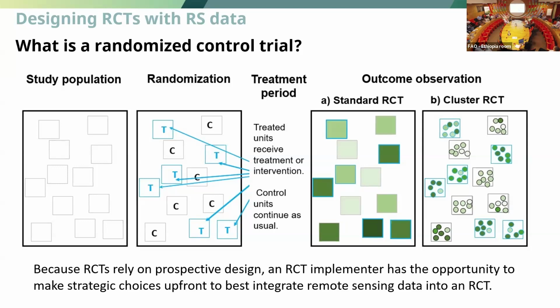I'm not aware of any randomized control trial that has remote implementation. So there's going to be somebody in the field, and when those people are in the field is a great use of time to really maximize gathering data for the remote sensing component as well.